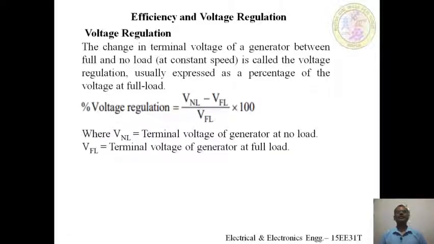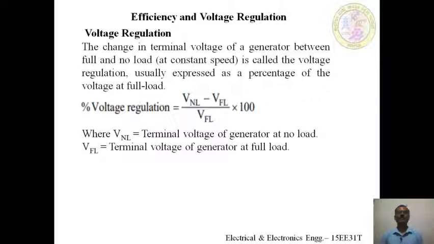Next we'll see the voltage regulation of the generator. By definition, the change in terminal voltage of a generator between full load and no load is called voltage regulation. It is usually expressed as a percentage of the voltage at full load.